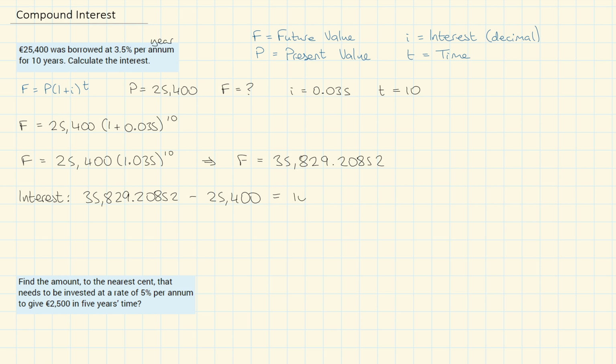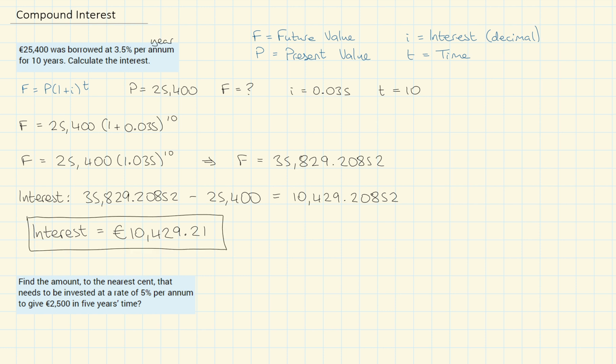We get 10,429.20852. And now we can round to 2 decimal places. Okay, so there's our answer for that question.